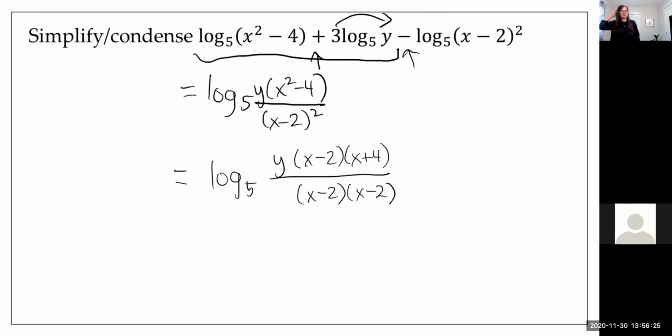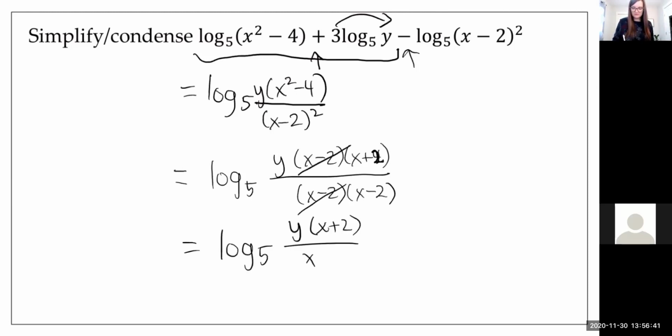X minus 2 squared is 2 of those, and x squared minus 4 factors to x minus 2, x plus 2. And because these are the same, that then simplifies to log base 5 of y times x plus 2 over x minus 2. I mean, typically you don't get ones that are this long, but just for some mathematical entertainment, that's what would happen there.